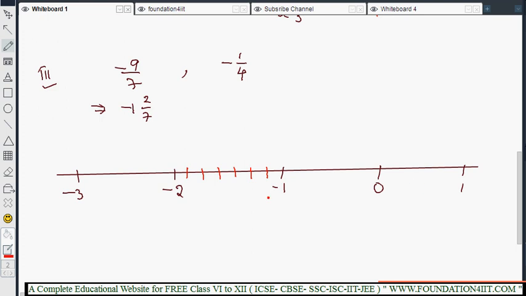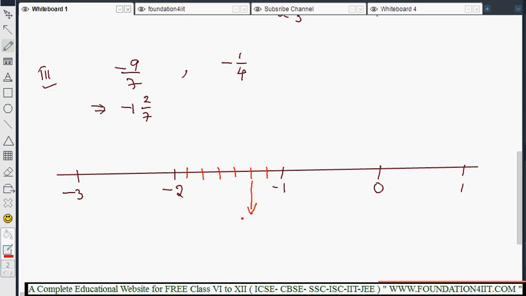Negative means from 0 to the left. Now after minus 1 we should come towards the left side, to the second place, because it is 2 by 7. So in 7 parts, the second part from the left. This is the first place and second.